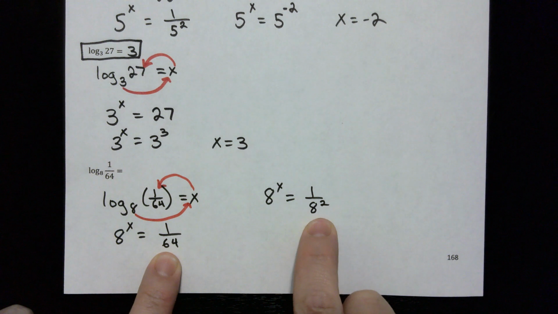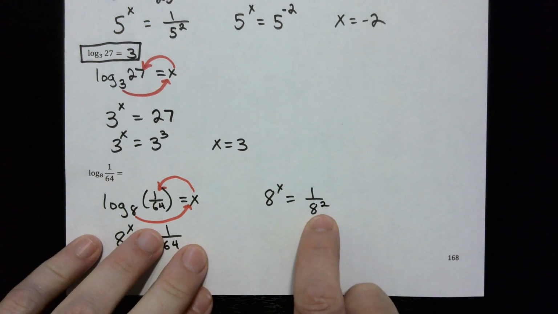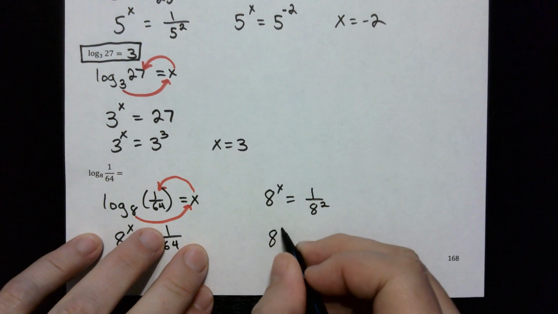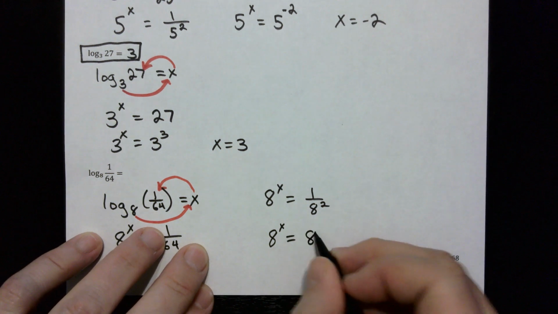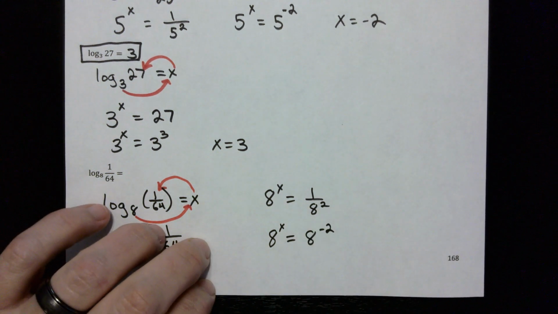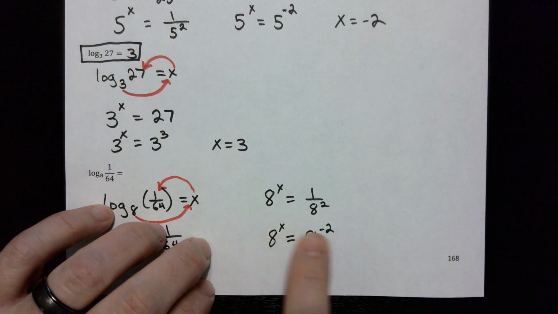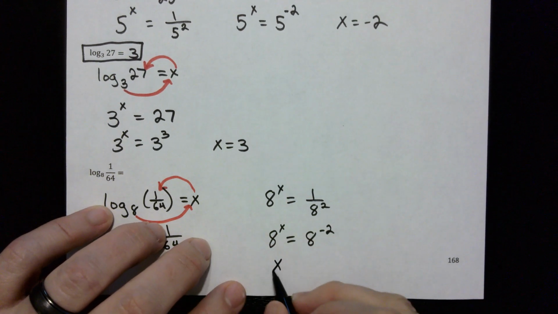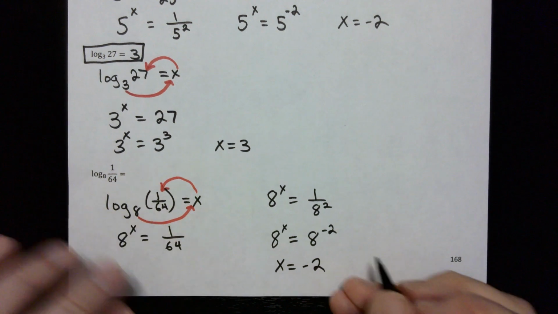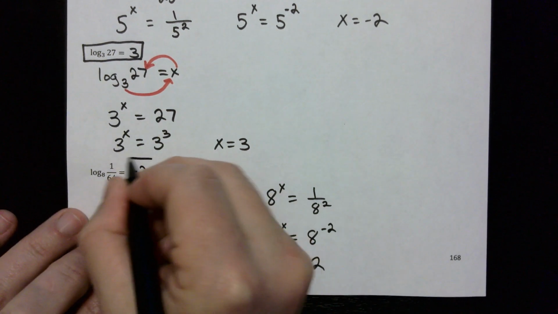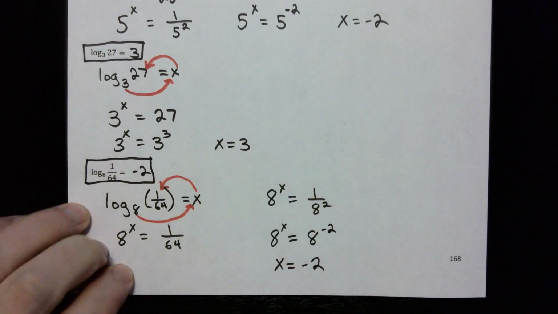Just like I did earlier, since this 8 to the 2 is on the bottom of the fraction, I can bring it up top and make it 8 to the negative 2. Now that I have 8 to the x equals 8 to the negative 2, x has to be equal to negative 2, which means my answer to this problem is negative 2. And that's it.